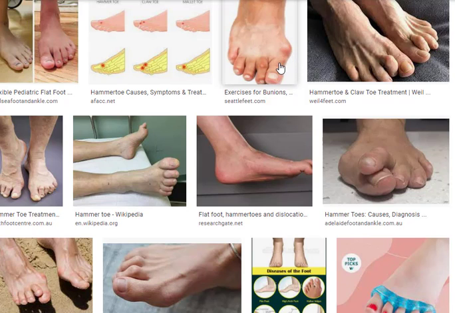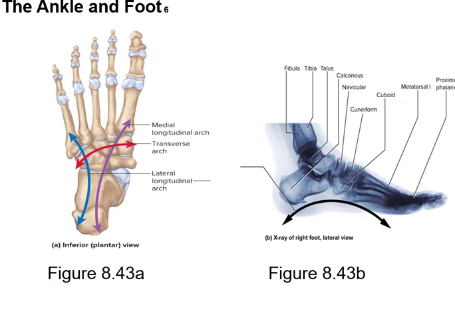And this is a bunion. And this is actually a bone sticking out there because this person is flat-footed. So once you collapse the arch, this bone juts out. So it makes it really hard to find shoes that fit and that are comfortable, that don't rub against that bunion.